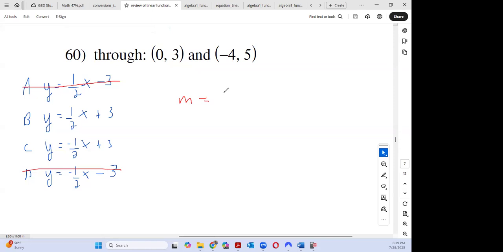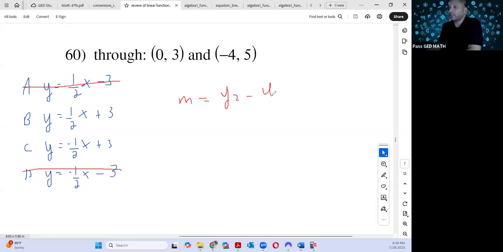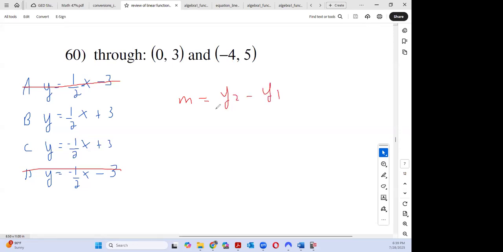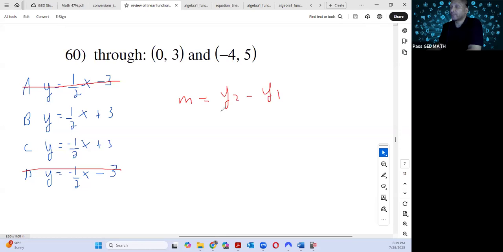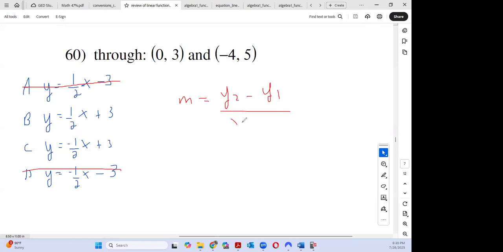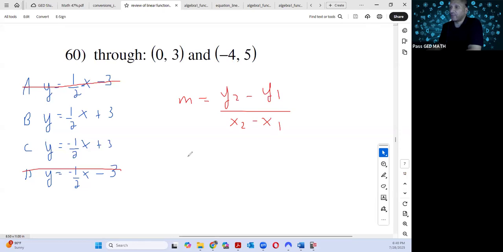I mean, it's m equals, wait a minute, y2 minus y1 over x2 minus x1. Yeah, that's it. Okay. What is my y2?